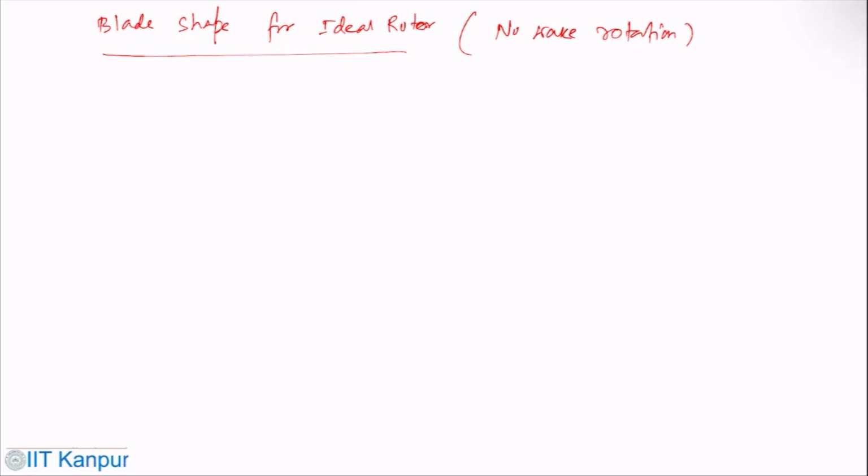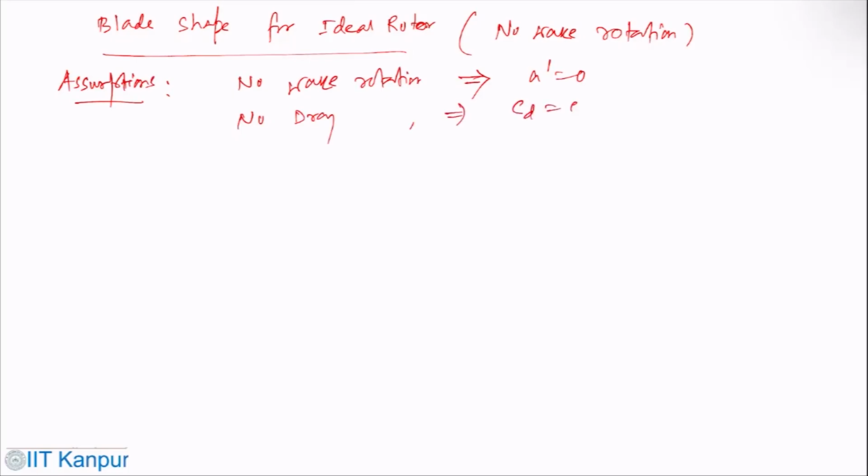So we have some assumptions for the simple analysis. No wake rotation, which means a prime is 0. No drag, so that means C_D is 0.